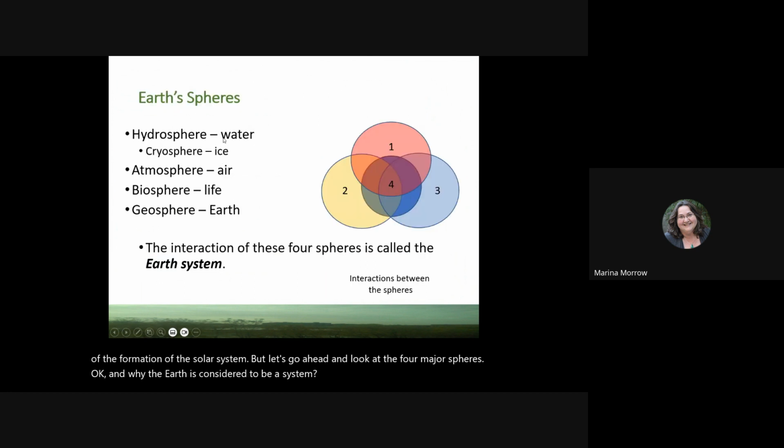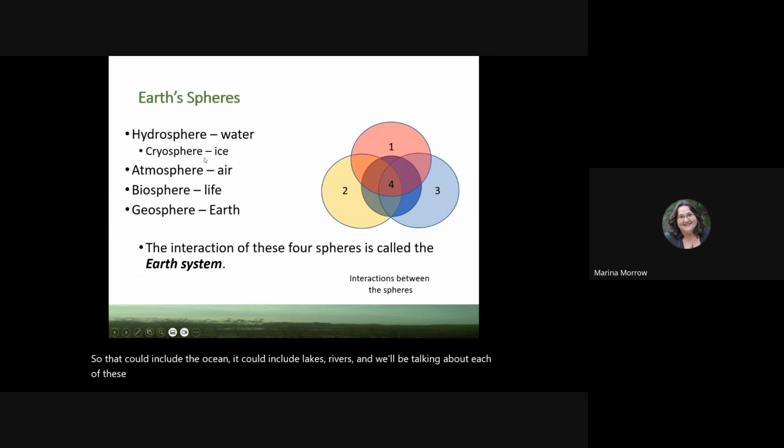Okay, so the spheres. This has to do with that holistic idea that we have interactive spheres of knowledge in our world. And so these are spheres of materials. So we have the hydrosphere, which is water. That could include the ocean. It could include lakes, rivers, and we'll be talking about each of these later.